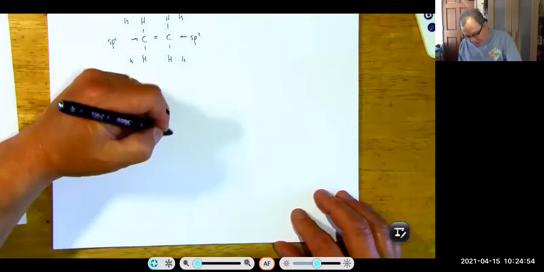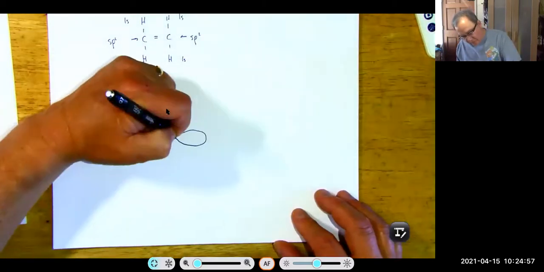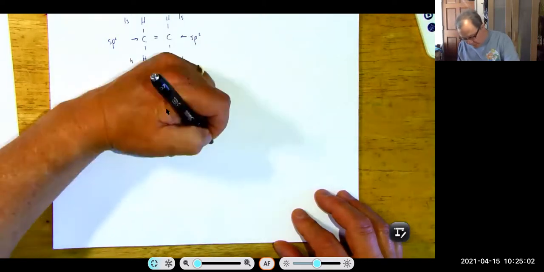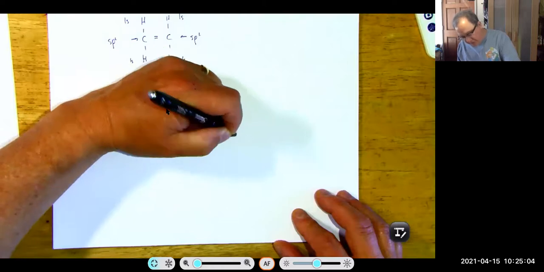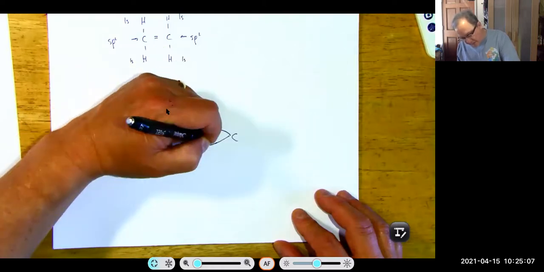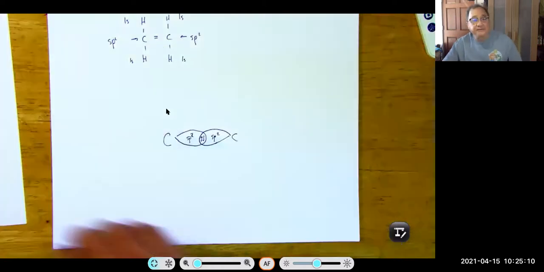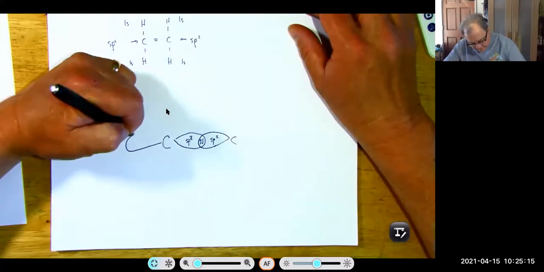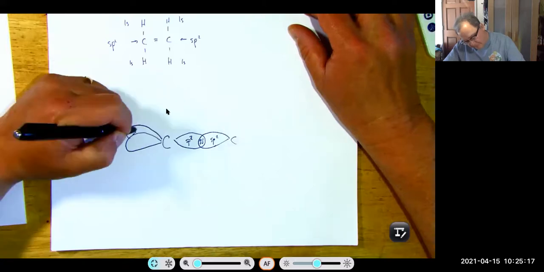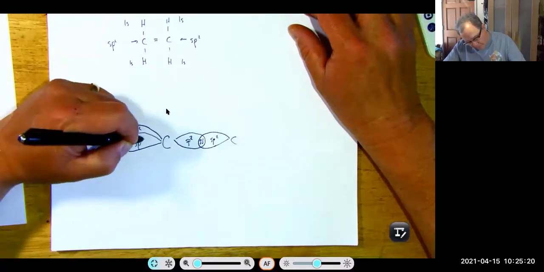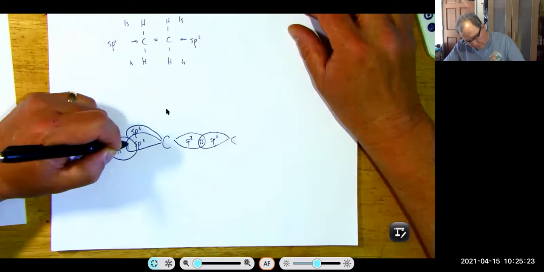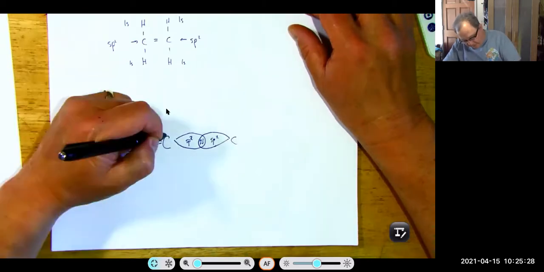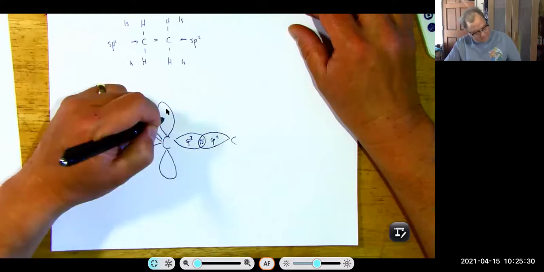So here's one of my carbons with an sp2 overlapping with another sp2 from another carbon. And that's kind of where I left off on the other drawing. But right now I'm going to go ahead and put in the other stuff. And here's my P. So that's where we left off.